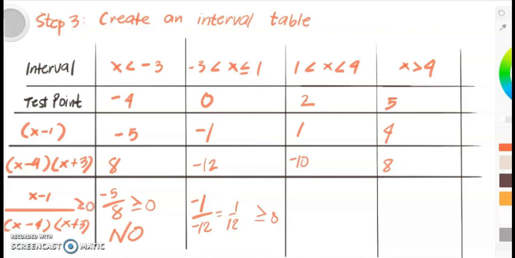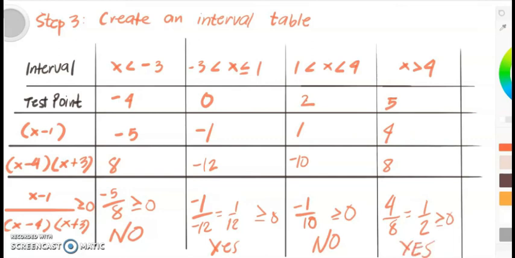So is this one greater than or equal to 0? Yes, it is. For this one, we have 1 over negative 10, which is negative. Is this greater than or equal to 0? No, it's not. And for this 4 over 8, we have simply 1 over 2, and it is greater than or equal to 0, so yes.